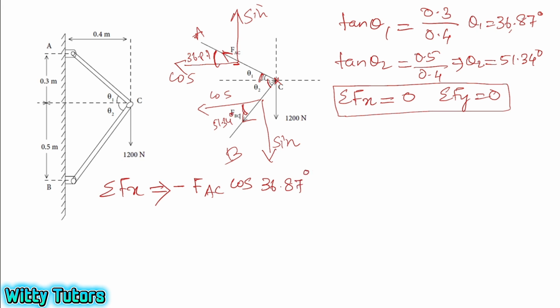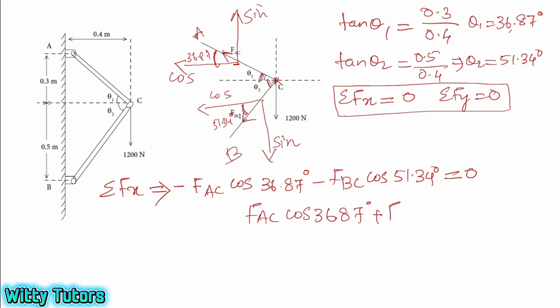And for FBC also, it is in the left direction, opposite to the x direction, so that is also negative, minus FBC cos 51.34 degree, equal to 0, because we are considering the forces in equilibrium. I am multiplying the whole equation with a negative sign. So FAC cos 36.87 degree plus FBC cos 51.34 degree is equal to 0. This is my first equation.